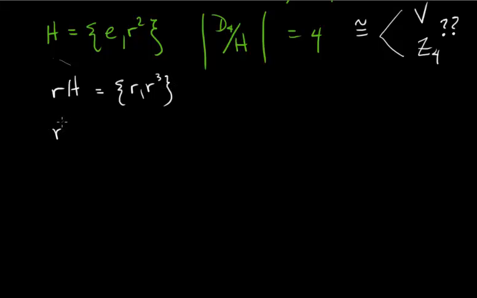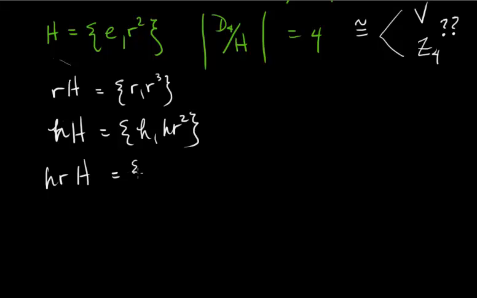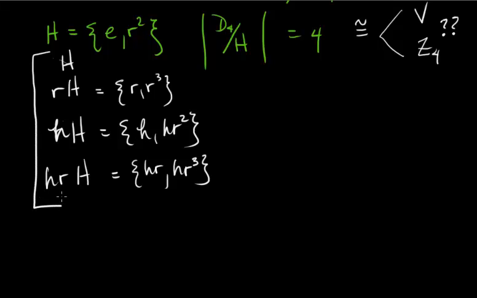And we have R squared H is H, R cubed H is, so we have H, which would give us the coset H and H R squared. And we have HR, which would give us HR and HR, R squared, HR cubed. And then, of course, we have H itself. So these are the elements of the factor group.